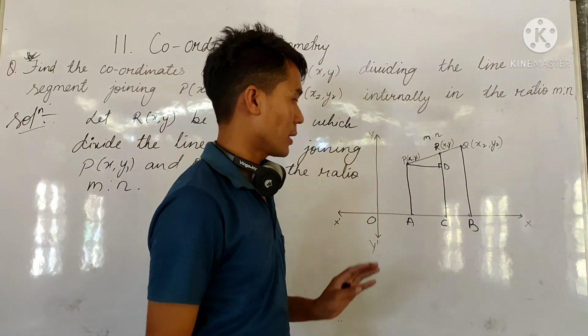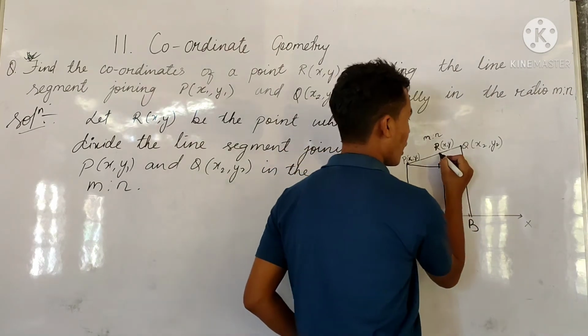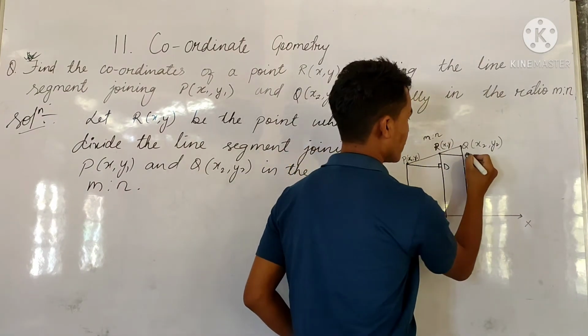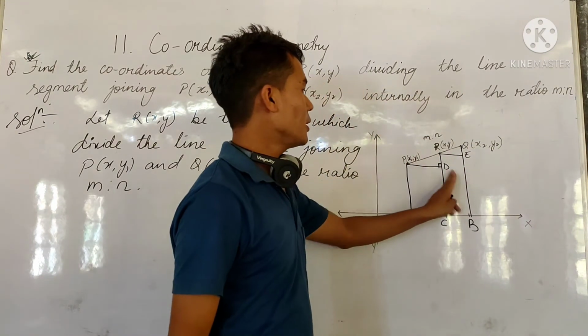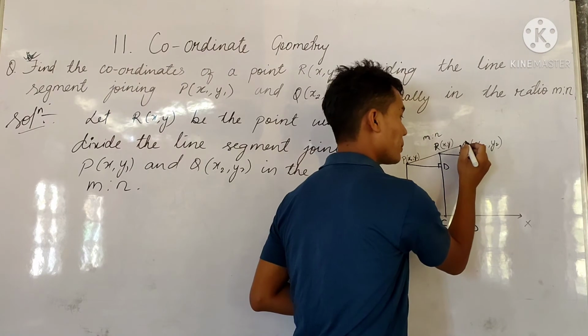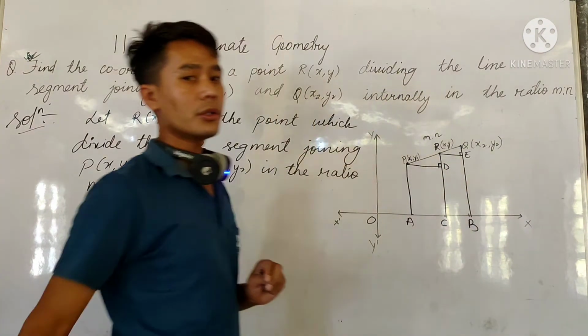This is the construction. PD perpendicular to RC and RE perpendicular to QB.